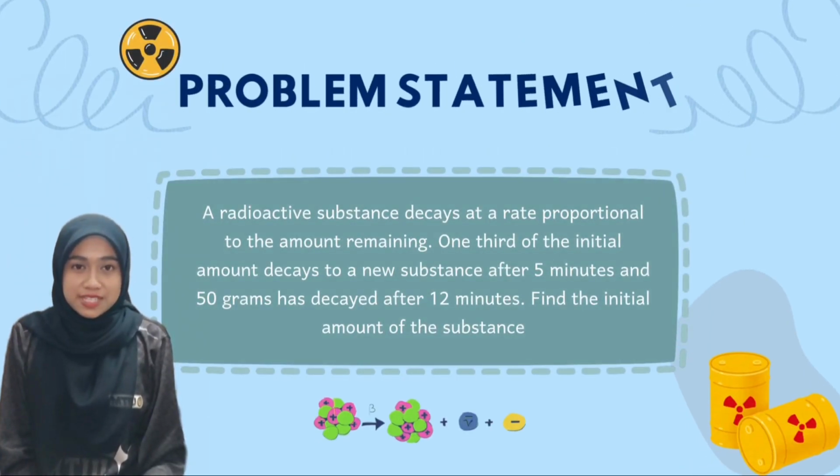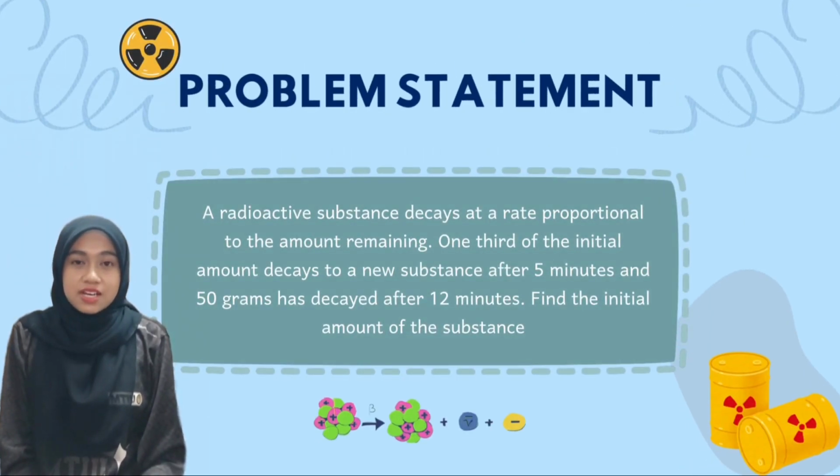Now, I will present the second problem statement. A radioactive substance decays at a rate proportional to the amount remaining. This statement means that the rate at which the radioactive substance decays depends on how much of the substance is still present at any given time rather than on its initial amount. 1/3 of the initial amount decays into a new substance after 5 minutes.